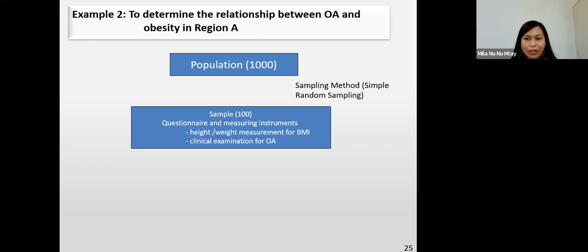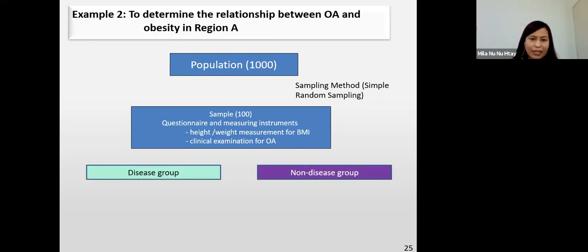So the data collection process of a cross-sectional study is not only the questionnaire, but also includes clinical examinations and laboratory tests. After the data collection, they separate into two groups, the disease group and the non-disease group. Who are in the disease group? The people with OA, osteoarthritis.